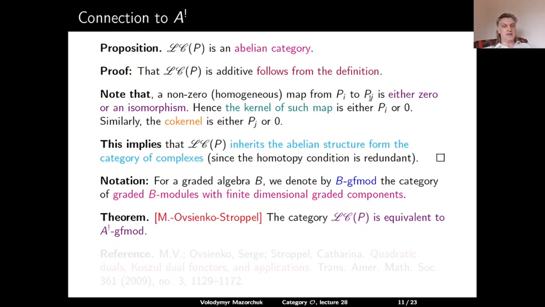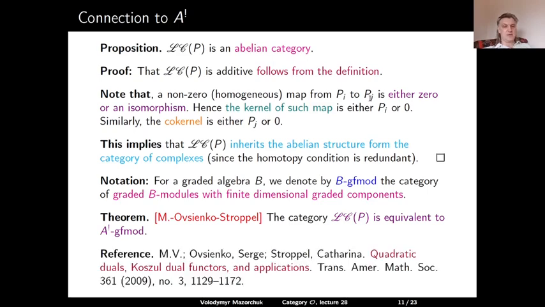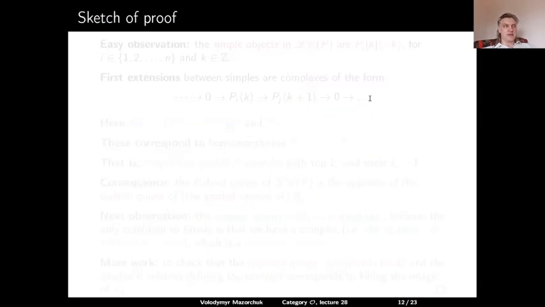The category LCP is equivalent to the category A shriek GF mod. And this theorem and many other results in this lecture are taken from the paper Quadratic Duals, Koszul Dual Functors and Applications from 2009. So let us now discuss the sketch of the proof of that theorem.